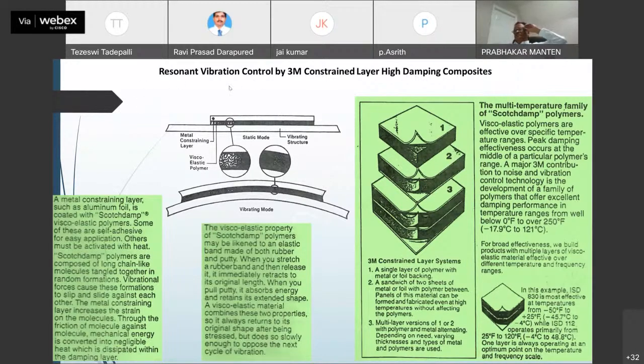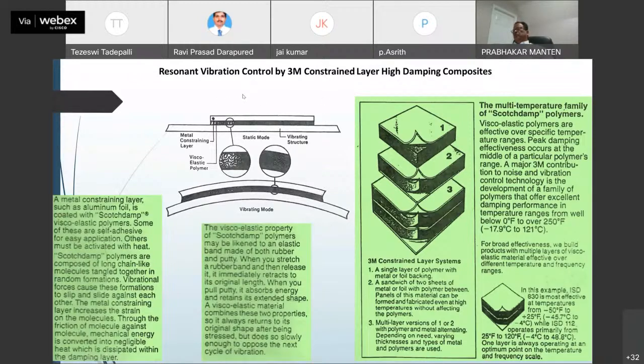Under resonant conditions, if you realize one particular mode shape is applying, you see the modal pattern, and you apply the treatment at points of maximum strain energy, not the point of maximum deflection. For a cantilever beam, the free end is the maximum deflection. If we apply it there, it's of no use.